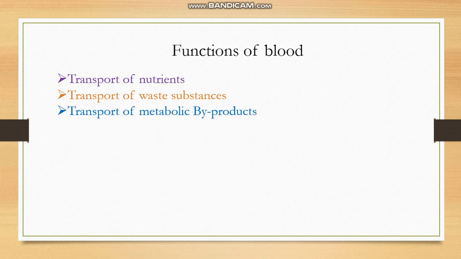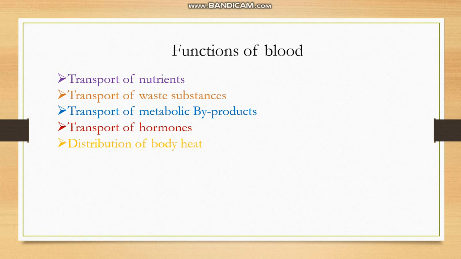Blood is also responsible for transport of metabolic byproducts from the site of production to different organs. As we know, the hormones are secreted from endocrine glands. So the blood is responsible to take these hormones from the endocrine gland to different targeted organs.